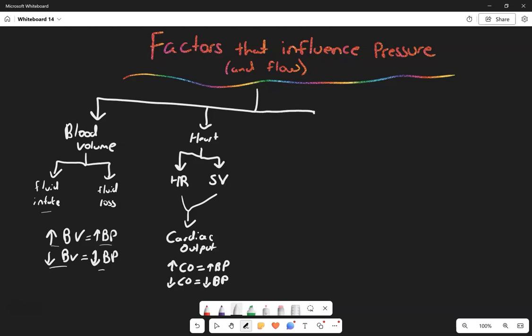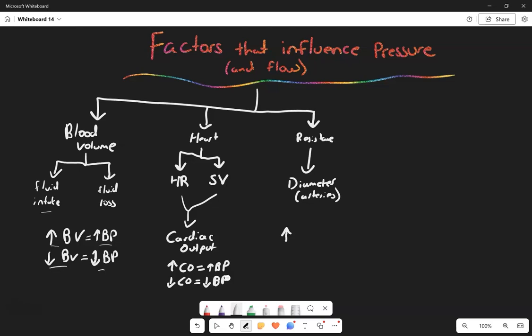Okay. Can be dictated by the resistance of our vessels. So that's going to be the overall diameter of the vessels. Mainly, that's going to be our arteries because those are the ones that we can change, right?